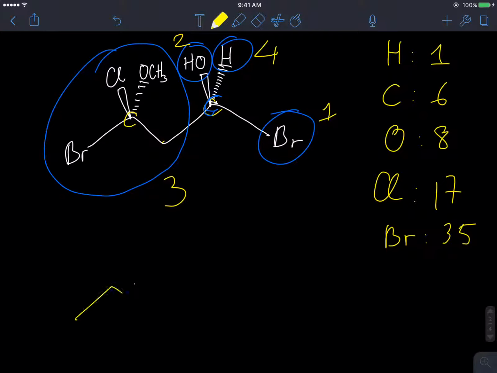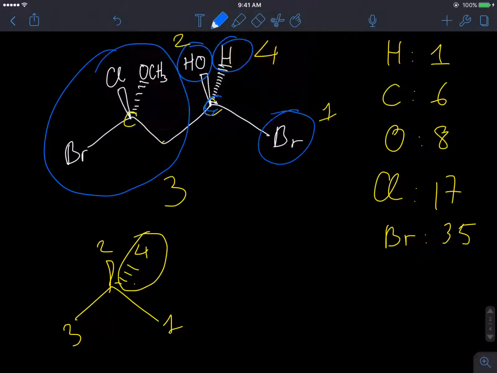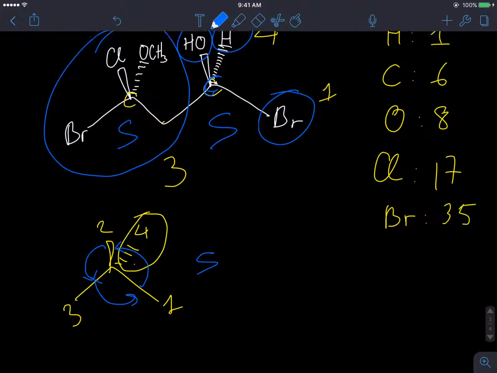Let's draw a model down. 3, number 2, that's number 4. And now look, number 4 is on a dash. So we just do it as usual. 1, 2, 3, come back to 1. So it's an S configuration again. So the configurations are S and S for the two stereocenters.